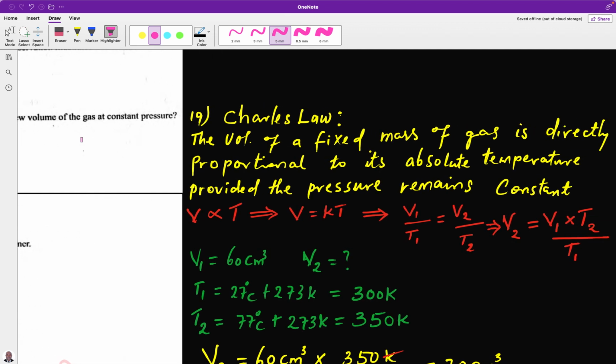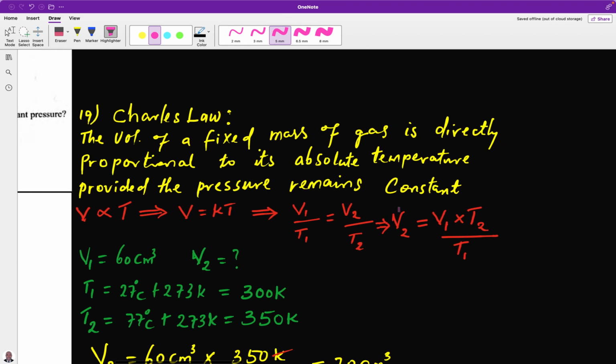So what we are going to apply here is Charles' gas equation. Volume is directly proportional to its temperature. That is, as the volume increases, the temperature also increases. So V is equal to KT. If we write this equally, we will have initial volume divided by initial temperature, which is equal to final volume divided by final temperature.